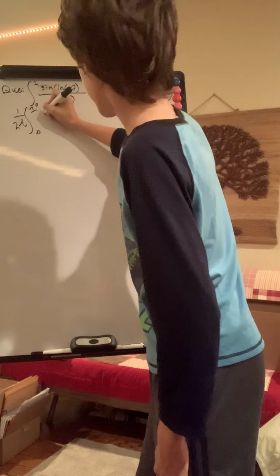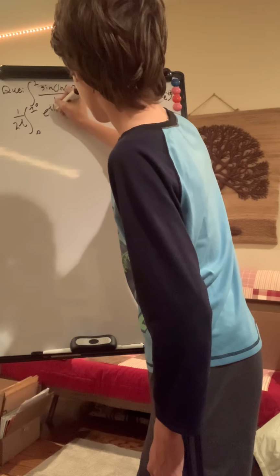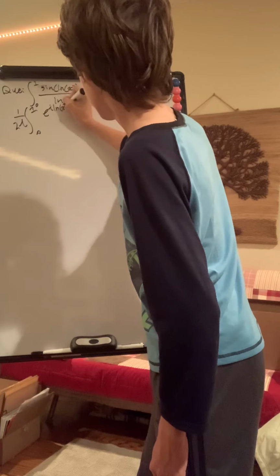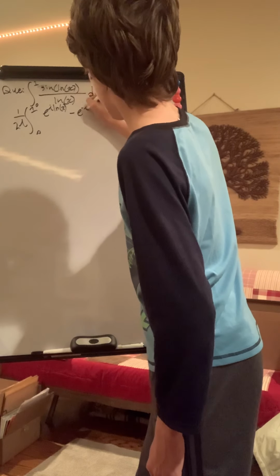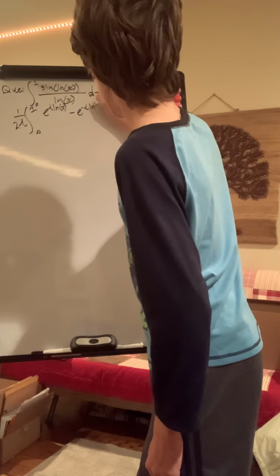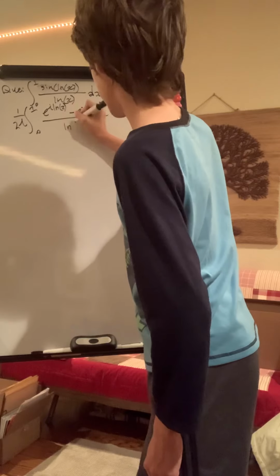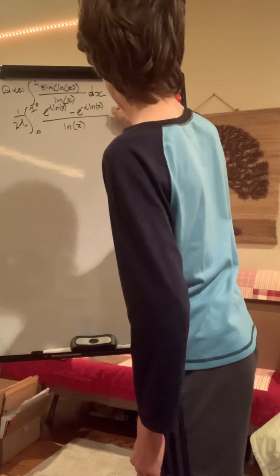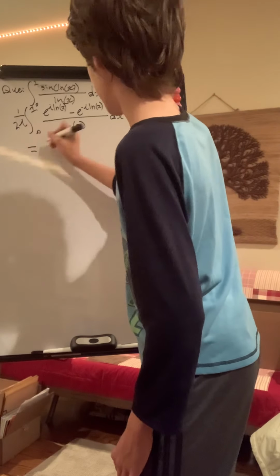And then we directly have e to the i ln x minus e to the negative i ln x, over, still have our ln x here, of course, dx.